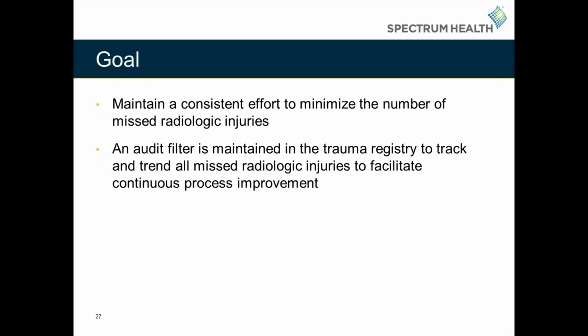Also monthly, I'll send the liaison the missed injuries for the month so he can track those as well and figure out which ones he wants to present at their morbidity and mortality meeting. And we just have this continuous communication and collaboration with the radiology team. It's so good right now that we don't want to say it's good and give up on it. We want to keep it there.